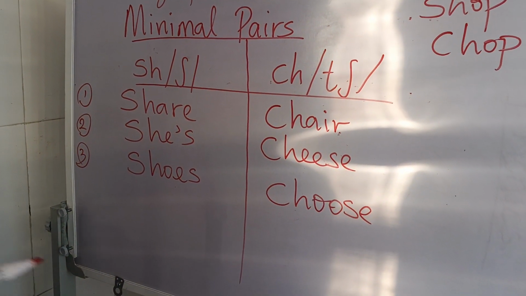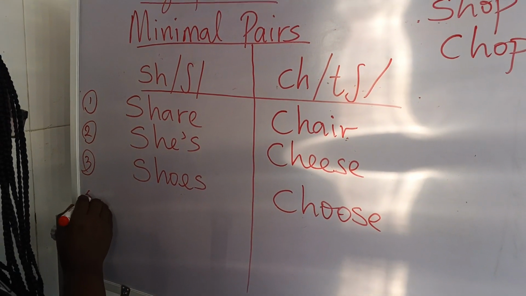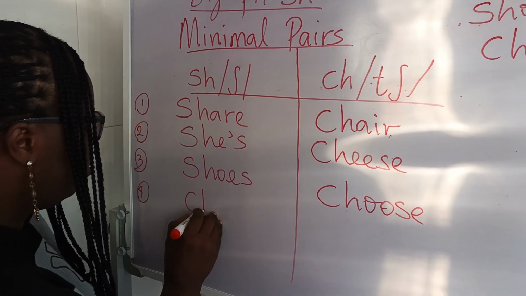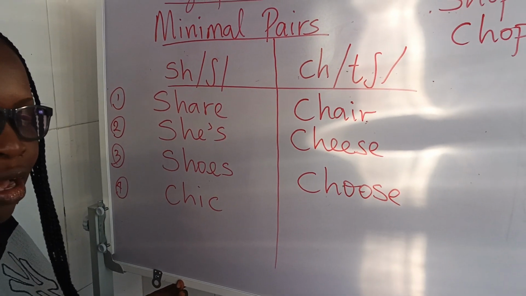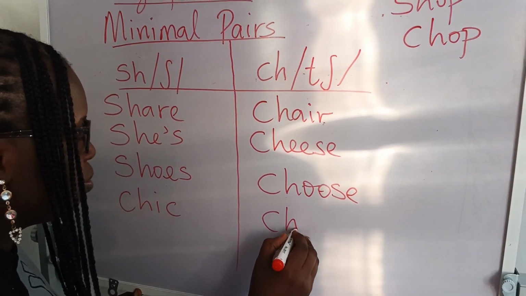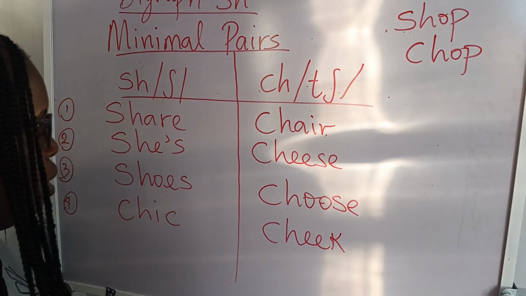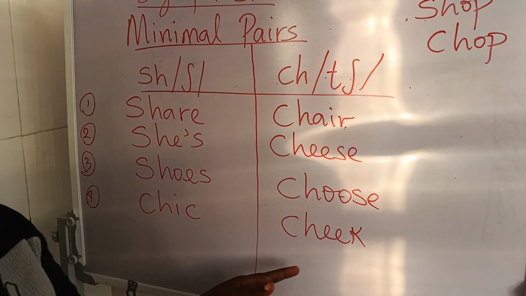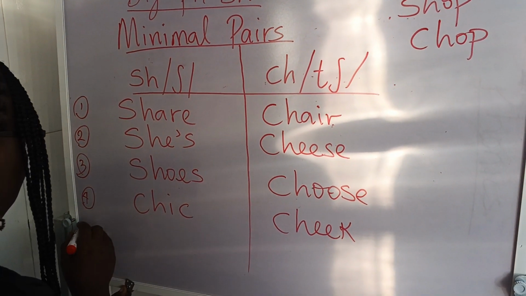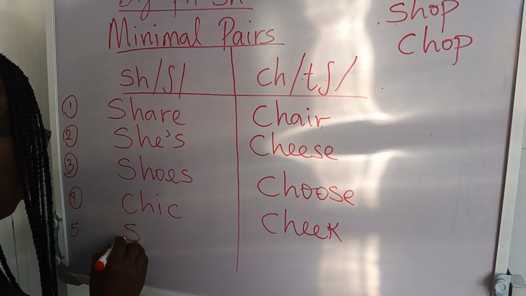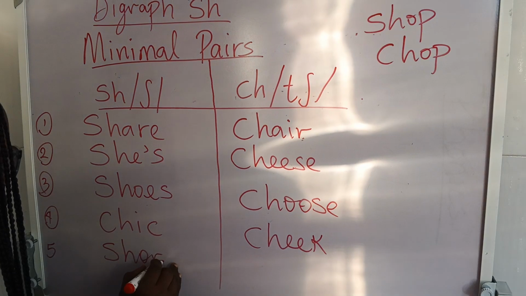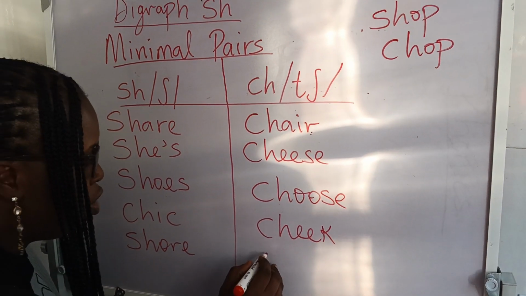Now let's look at this chic. Number four, we have chic. And the minimal pair for chic is what? Chic. We have number five, sure. And the minimal pair is your house chores.